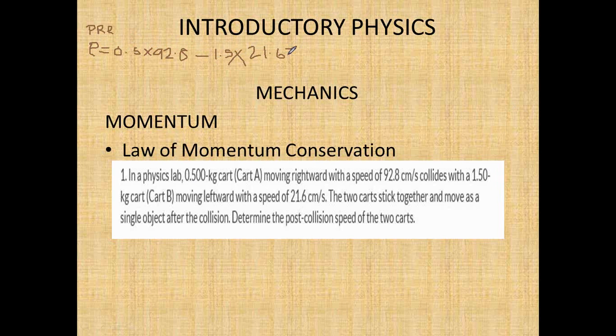When you do the math here, 0.5 times 92.8 is 46.4.